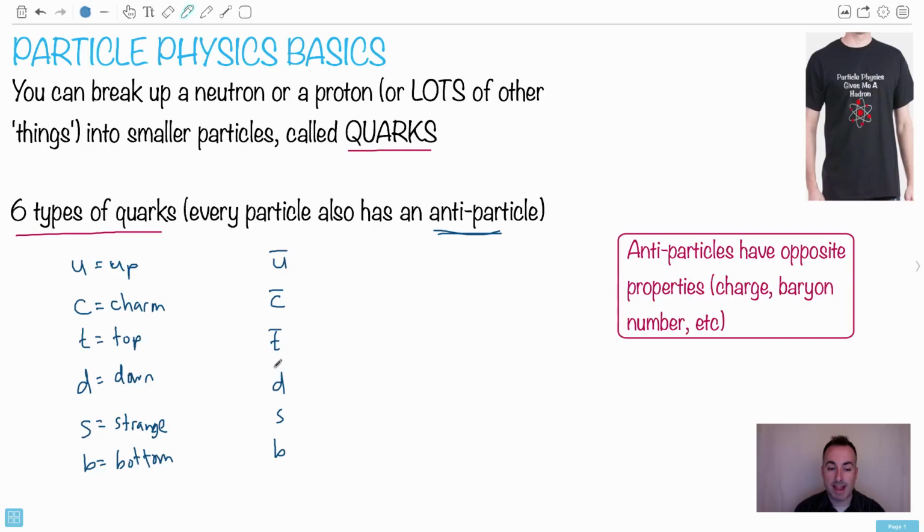That tells us it's the antiparticle. So if you have an up, you have something called the anti-up. And if you have a charm, this is called the anti-charm. I hope you get the idea here. This is anti-top, anti-bottom, and so on.